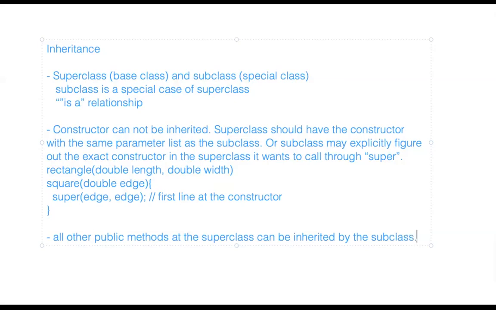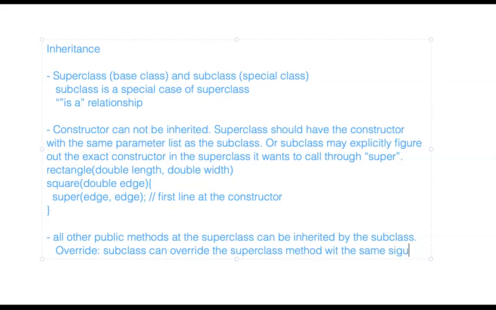Okay, if a subclass does not like those public methods, it can override them. Okay, so override, this is a very important concept. So the subclass can override the superclass method with the same method name and the same signature.